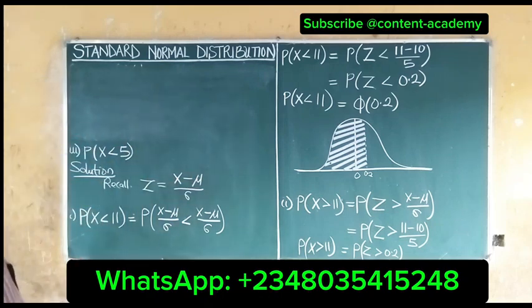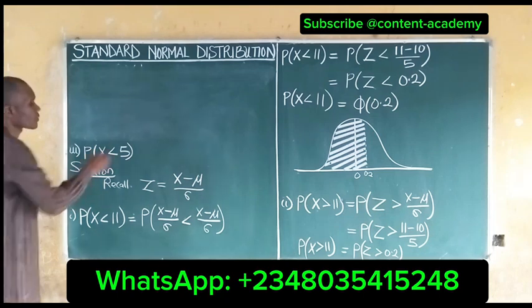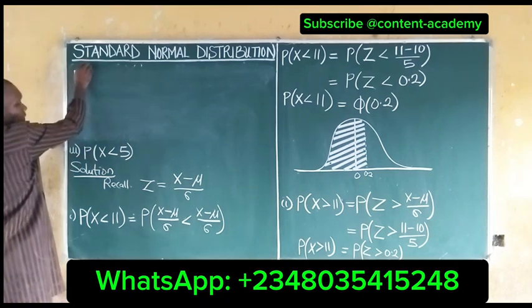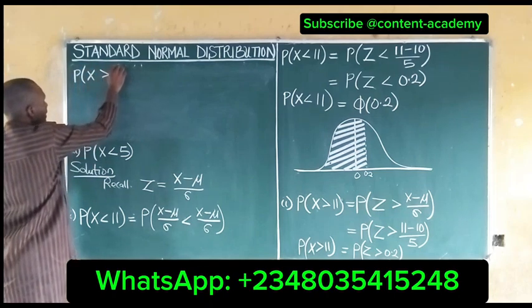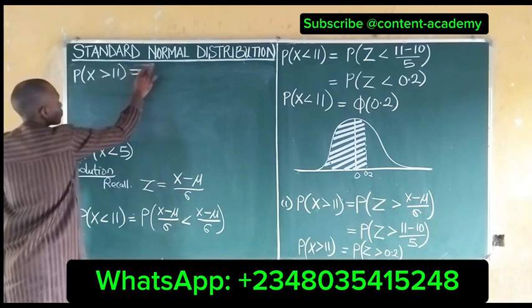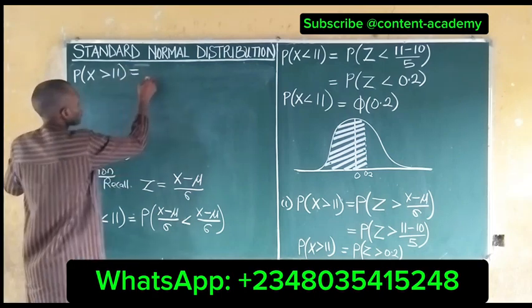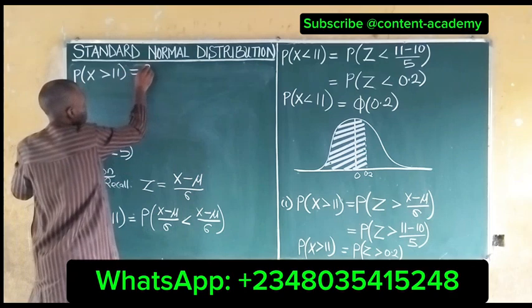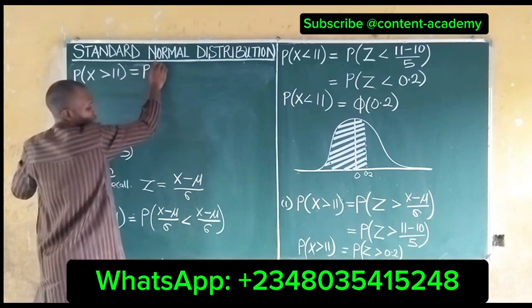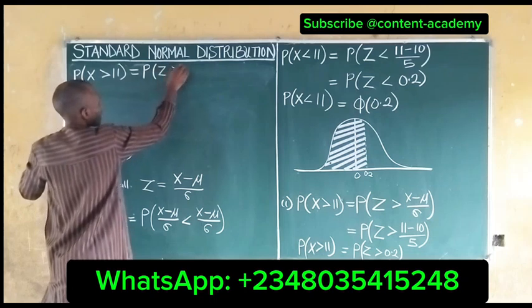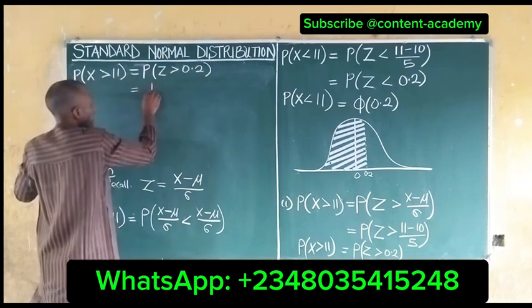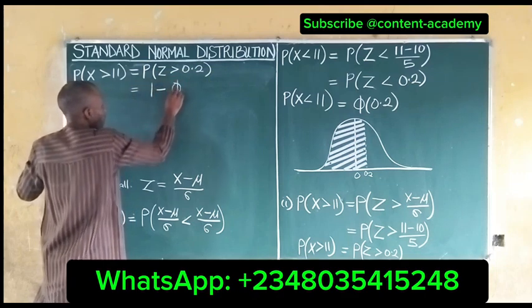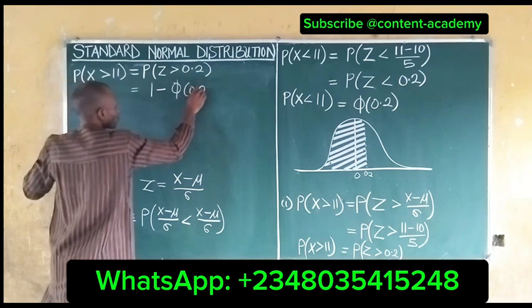In drawing our curve, we'll first write that our probability of X is greater than 11 is equal to our probability of Z is greater than 0.2, which is the same thing as 1 minus the curve at 0.2.